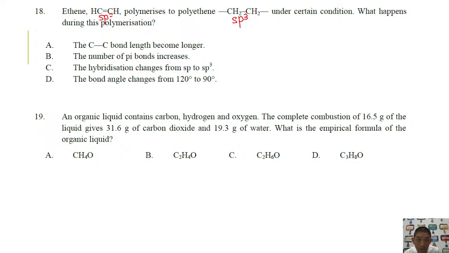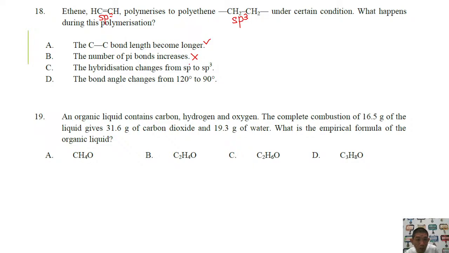The C-C bond length becomes longer, which is correct, because it becomes a single bond. Number B, the number of pi bonds increases. Since the double bond has decreased, this one is not true.